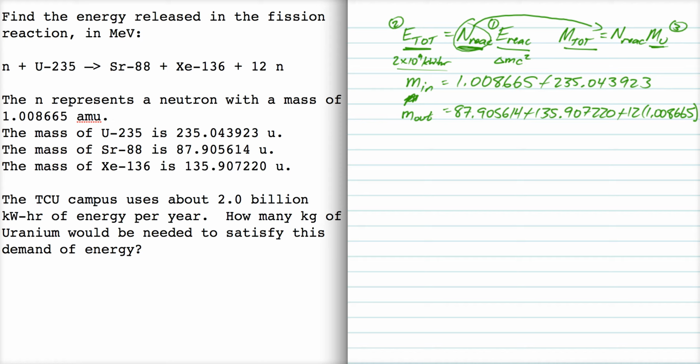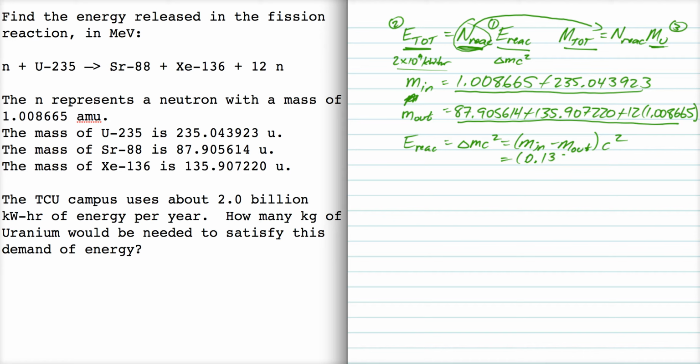Wasn't that exciting? Alright, so the energy then in one reaction is delta MC squared, which is the mass of the input minus the mass of the output times C squared. So if I take this and I subtract this, I get 0.135774 AMU times C squared.